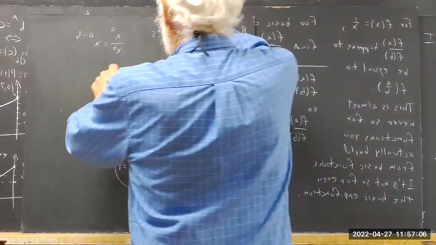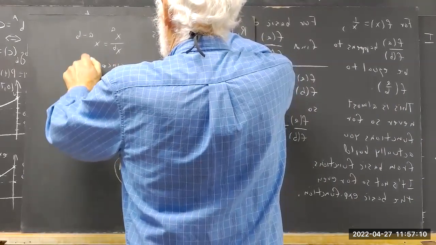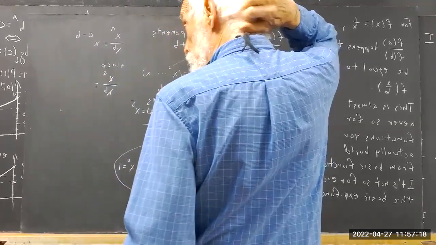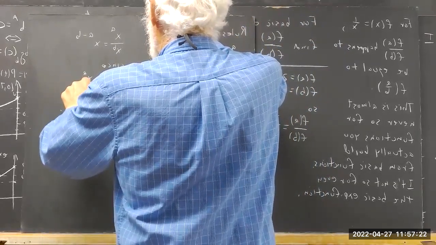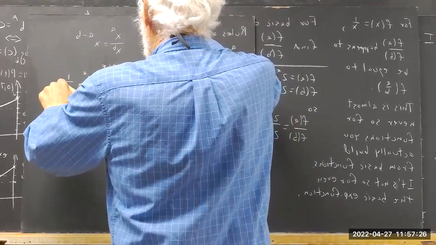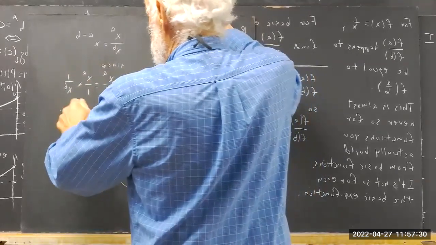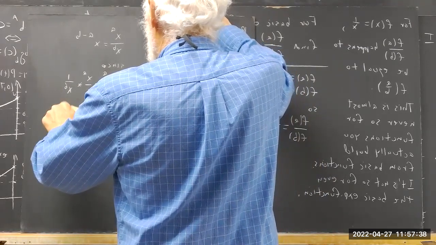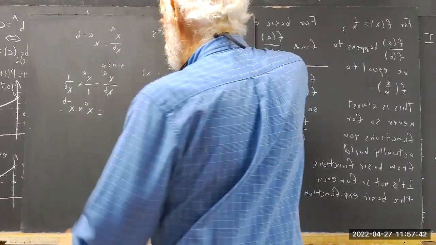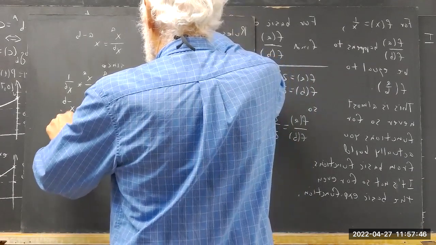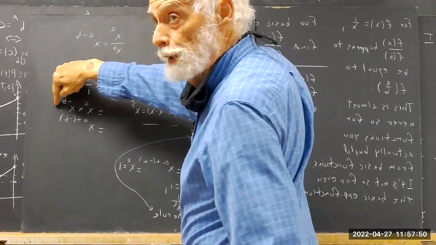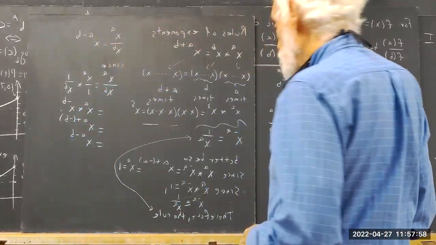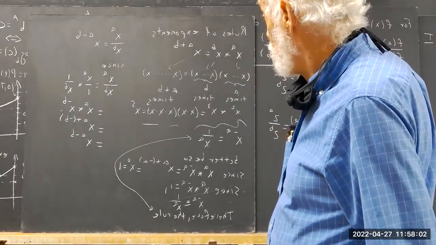This is since x to the a over x to the b is the same as x to the a over 1 times 1 over x to the b, which is x to the a times x to the negative b, so we add the exponents a and negative b, and that's x to the a minus b. Okay? So those are your rules.